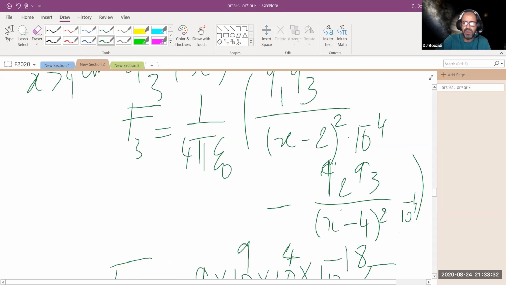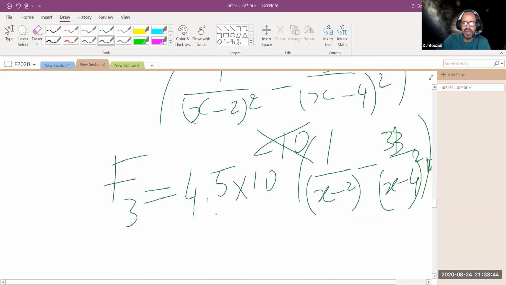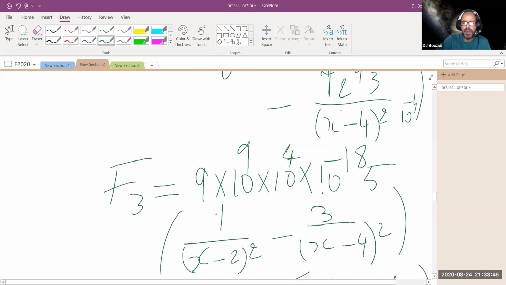It's because Q3 was 5 nanocoulombs, and I took Q3 out. So I have Q3, which is 5, and I have a 9. 9 times 5, that's 45. That's 4.5, as I wrote it in here correctly, times power 1.